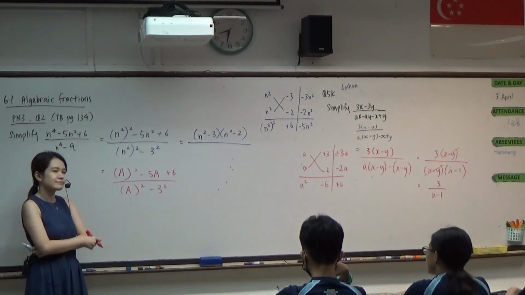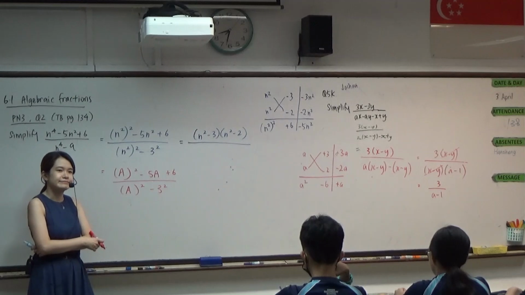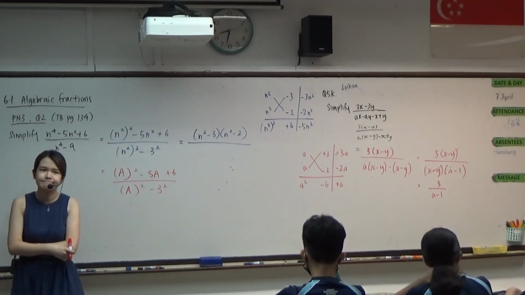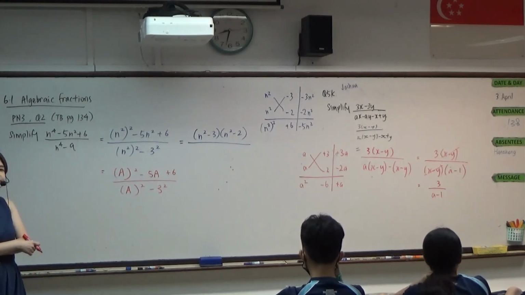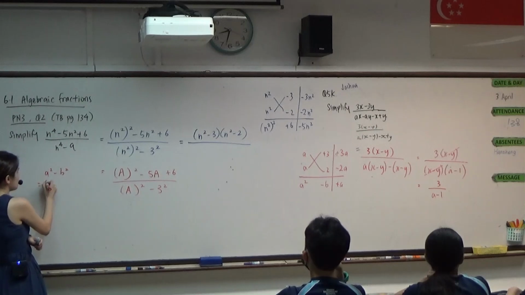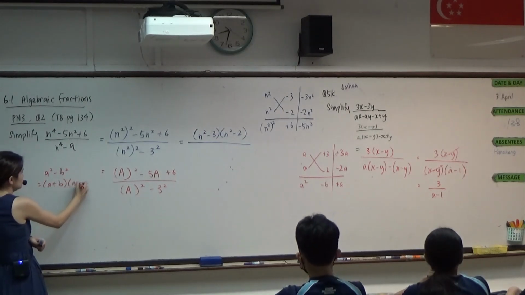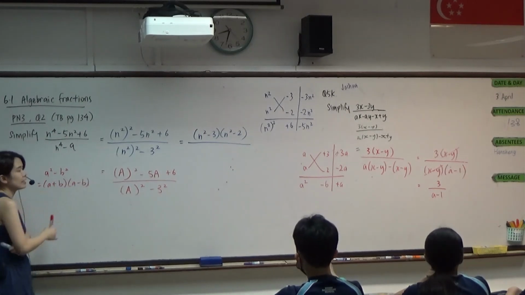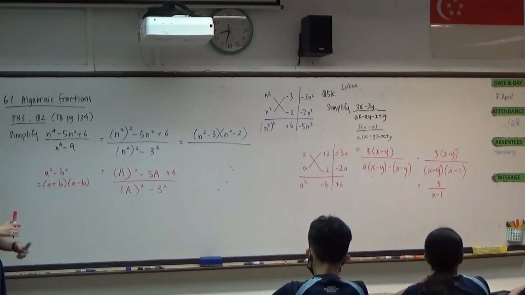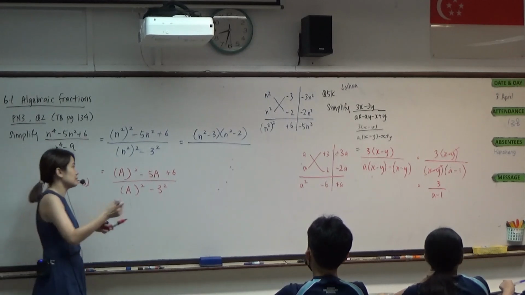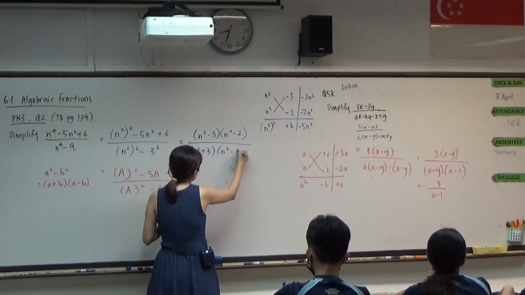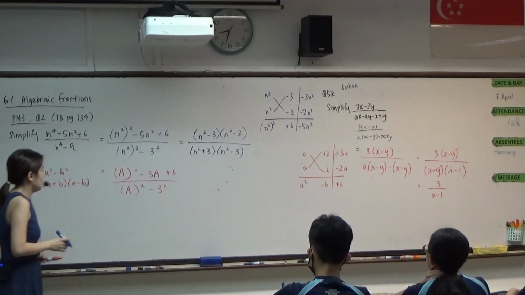So you found that a squared minus b squared is a plus b, a minus b. Then how do I apply it in this case? N squared plus 3, n squared minus 3. Very good. And back to your seat.